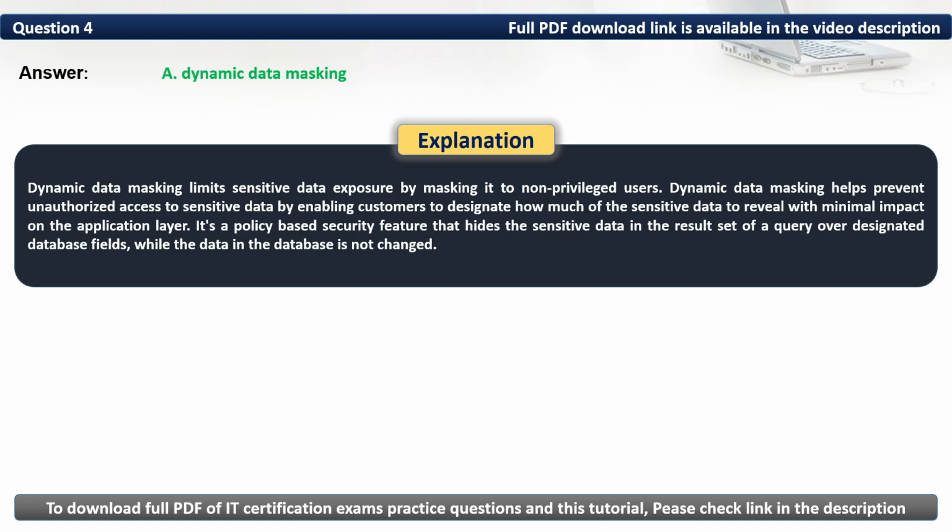Dynamic data masking helps prevent unauthorized access to sensitive data by enabling customers to designate how much of the sensitive data to reveal with minimal impact on the application layer. It is a policy-based security feature that hides the sensitive data in the result set of a query over designated database fields, while the data in the database is not changed.